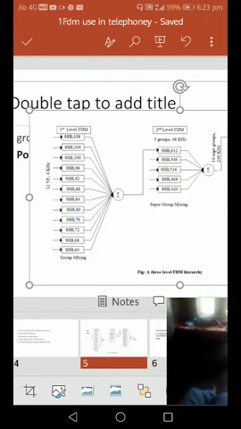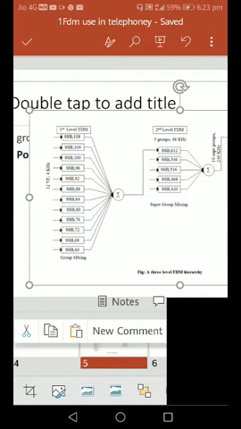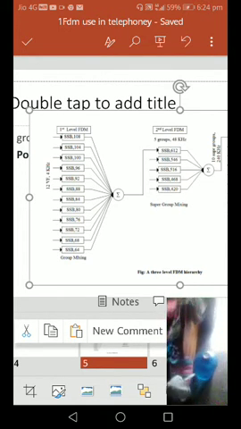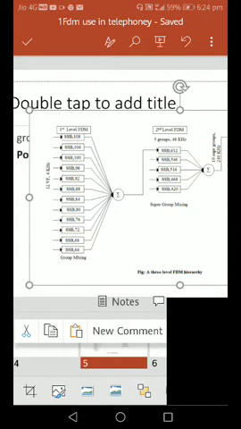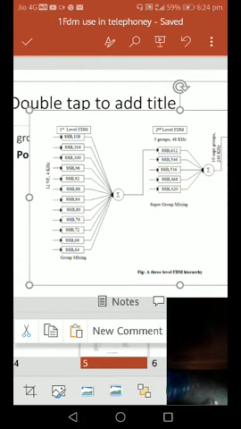It is added to single sideband 68, single sideband 72, single sideband 76, and so on.